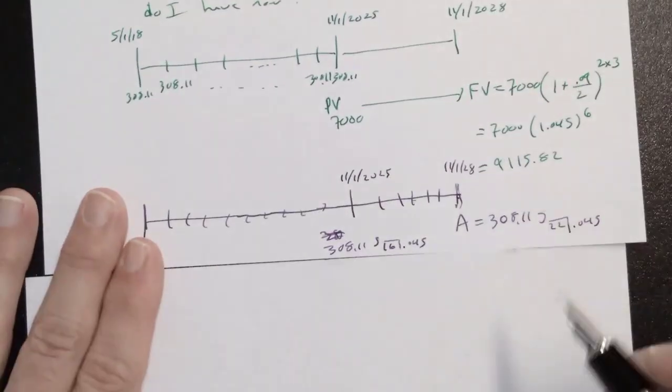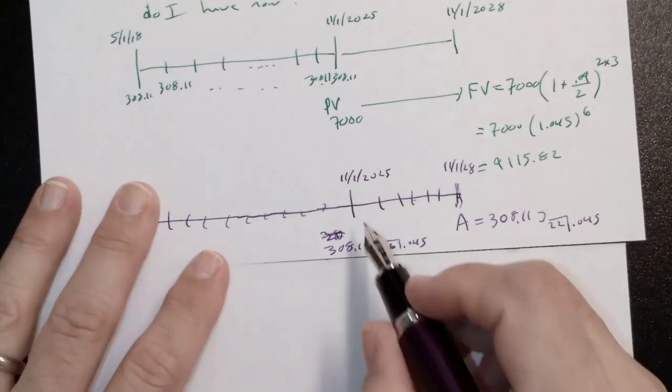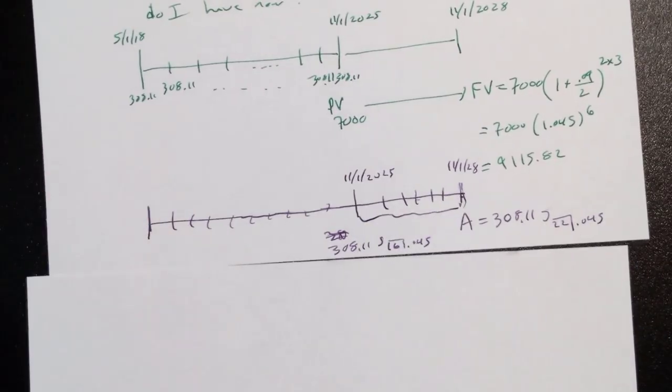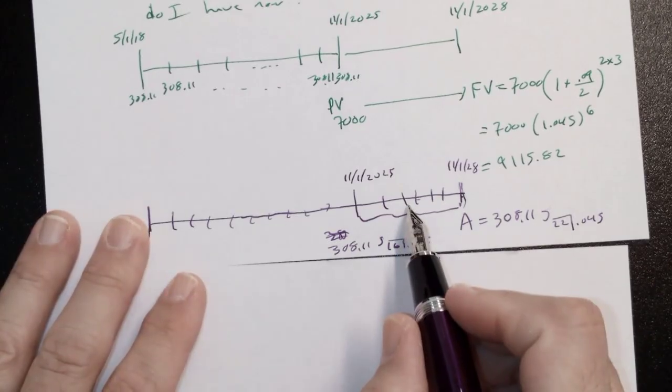But this is the future value of all the payments, right? What about just these payments? How many payments are there? So if I just took those 6 payments, I could take this, subtract this.